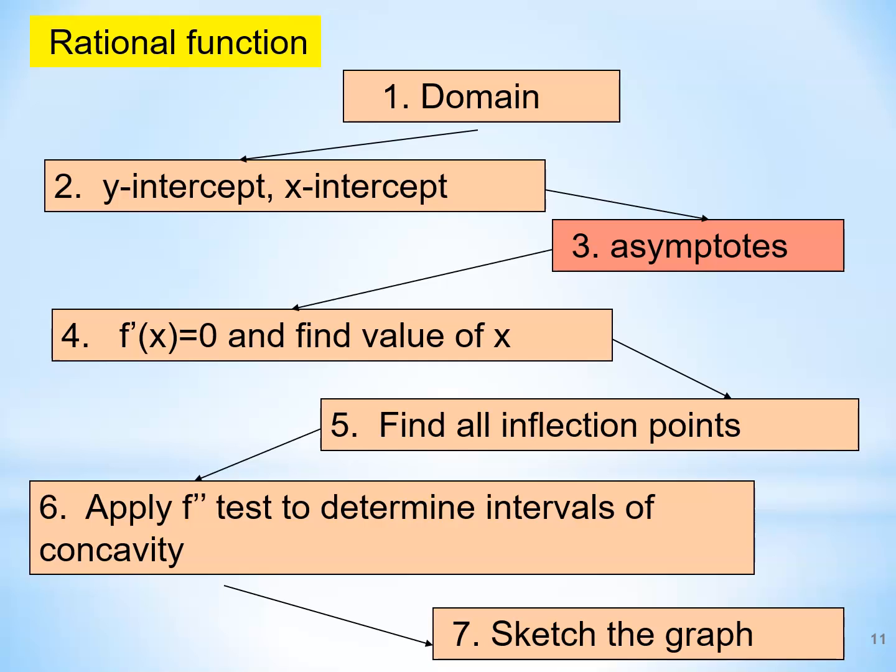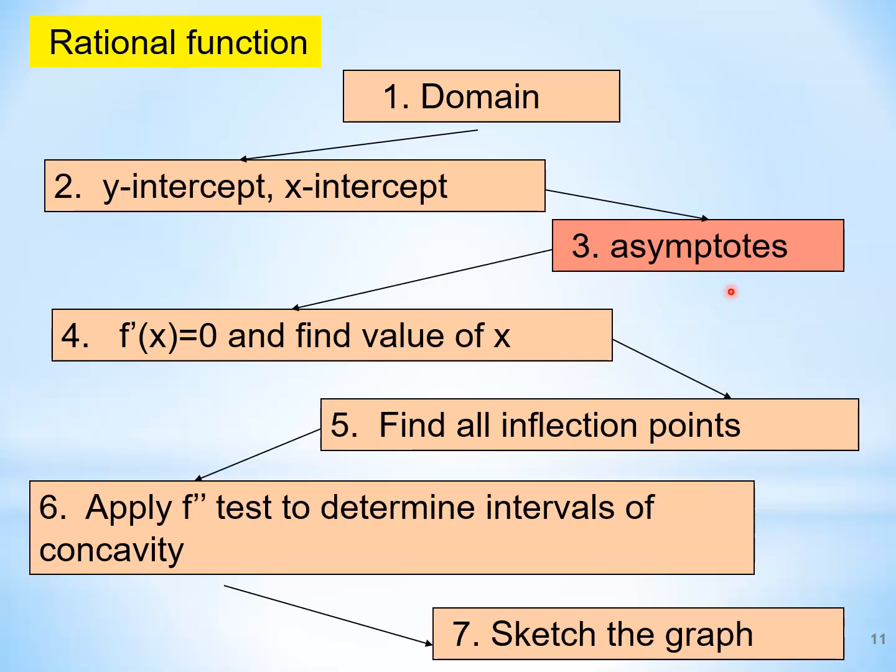Now we move on to the rational function, how to sketch a rational function graph. Previously for the polynomial function we had 6 steps altogether, but in a rational function you will have 7 steps, one extra step, which is step number 3.